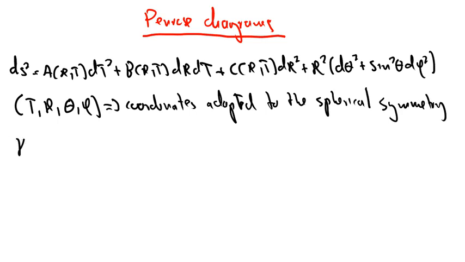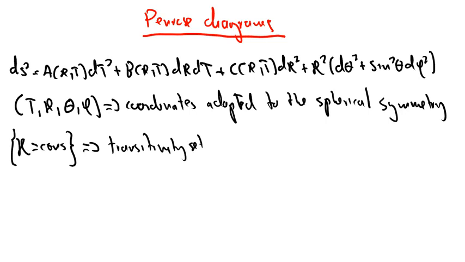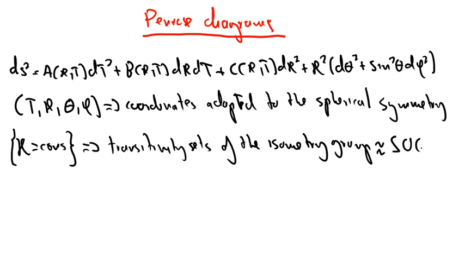In the sense that our constant sets are sets of transitivity of the isometry group, which for the spherical symmetry is well known to be isomorphic to SO(3).